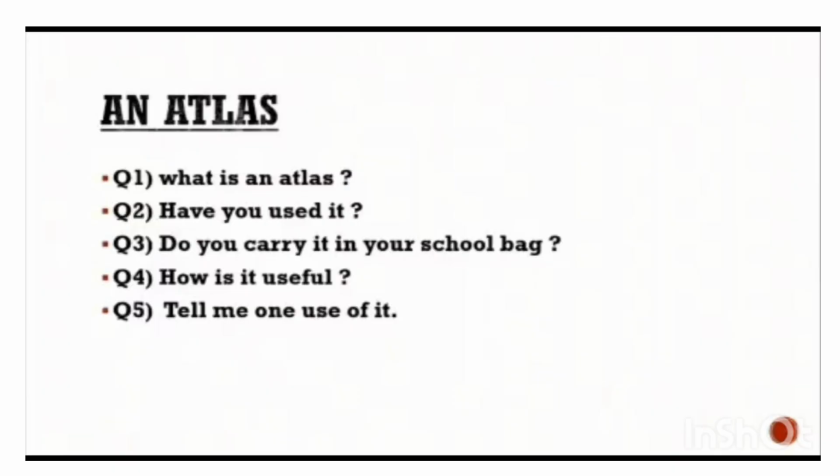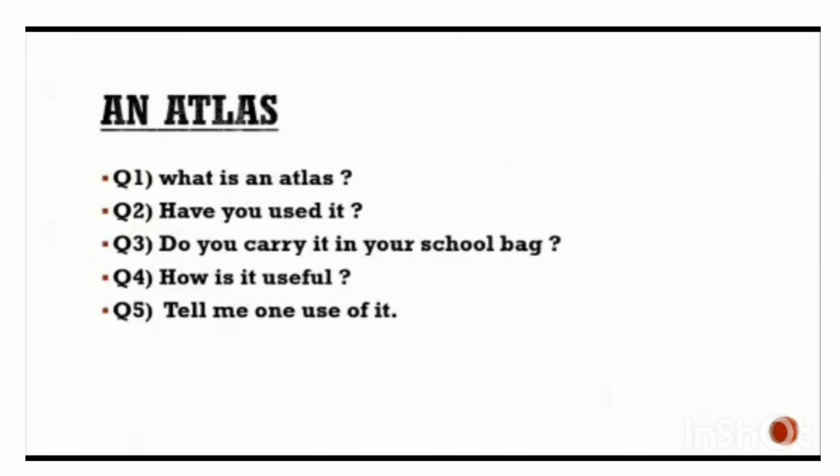So what is an atlas? As we have seen, it is a book of maps which consists of different countries, different landscapes, different continents, different oceans, etc. Have you used it? Of course you would have used it in your school, and you might also carry it in your school bag.